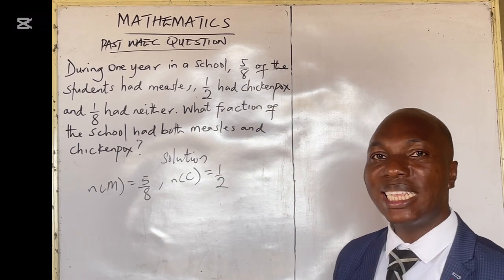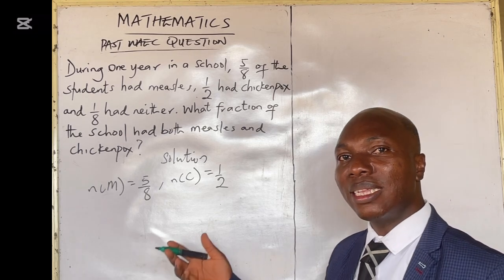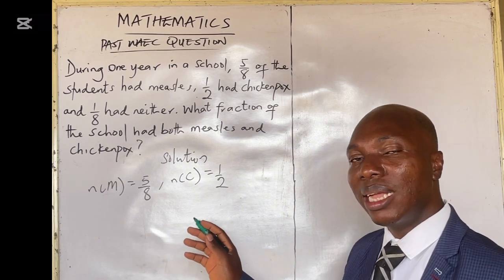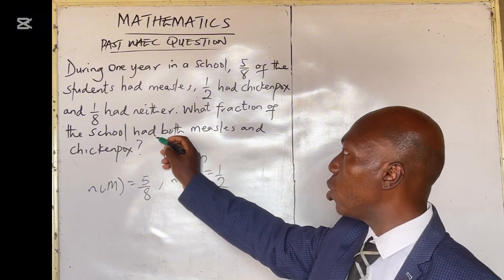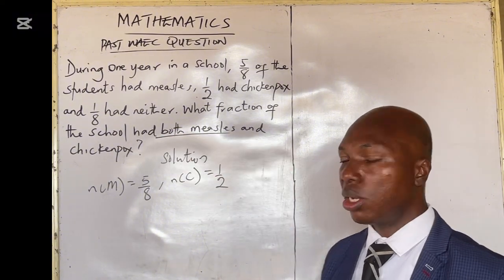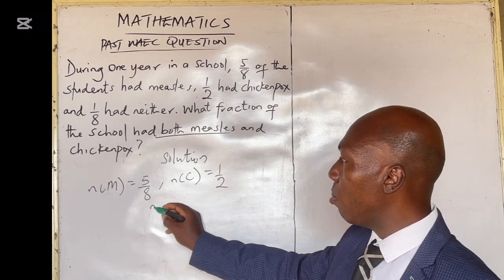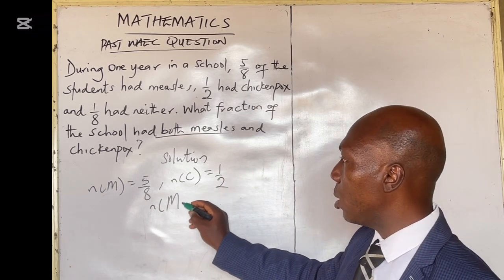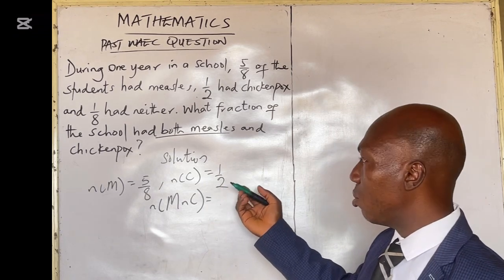And 1/8 had neither. That means the students that did not have any of the diseases. Then, what fraction of the school had both measles and chickenpox? Let's represent that with X. So we represent it with the number of measles intersection chickenpox, which we don't know.